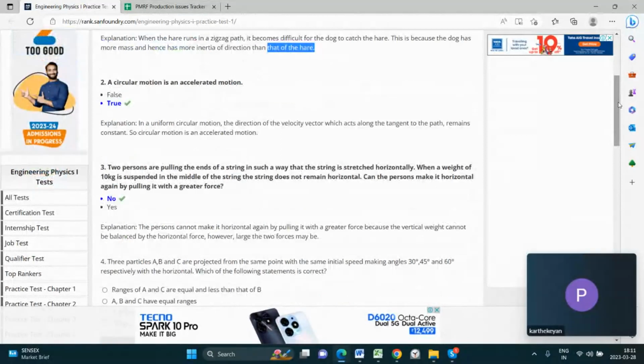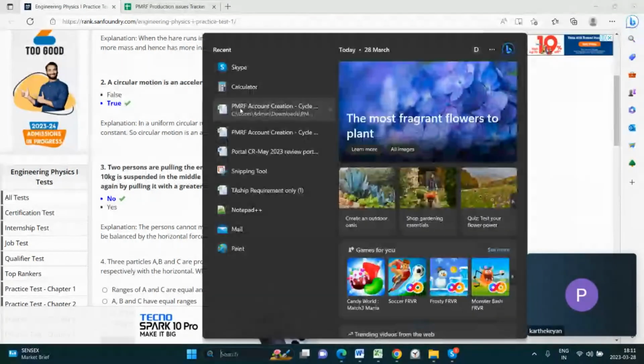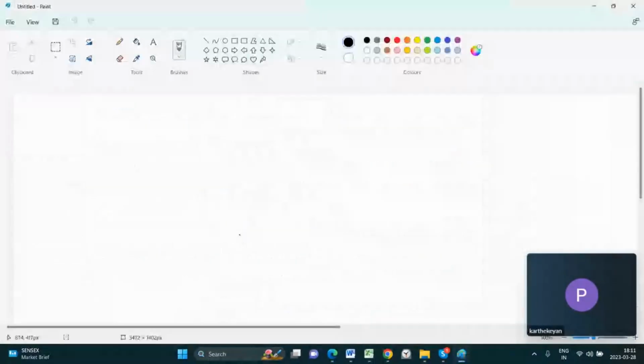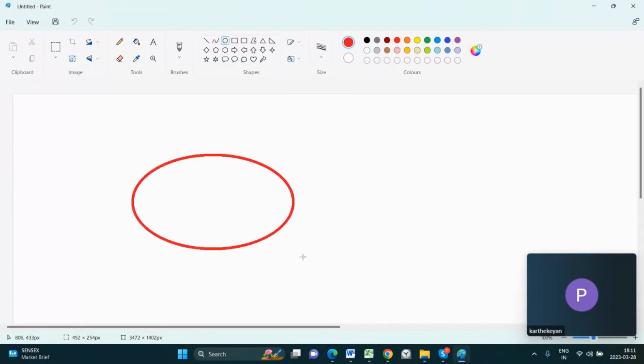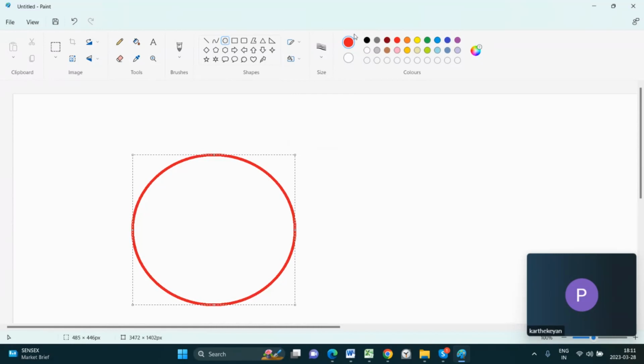Suppose an object is going in a circular motion, running in the same direction. I will take a circle.